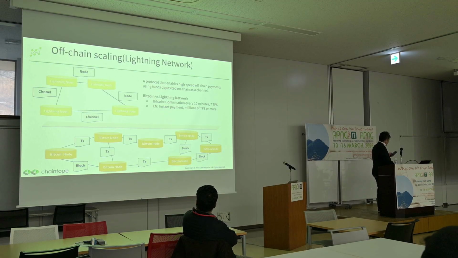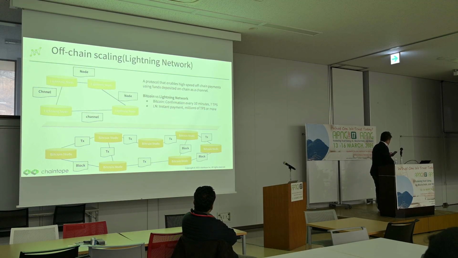Off-chain scaling would be a good option for scaling blockchain. Bitcoin has introduced an off-chain based solution called the Lightning Network to increase transaction throughput. This is called off-chain scaling or layer 2 scaling. Since its development in 2018, it's perhaps the most widely used off-chain technology today.